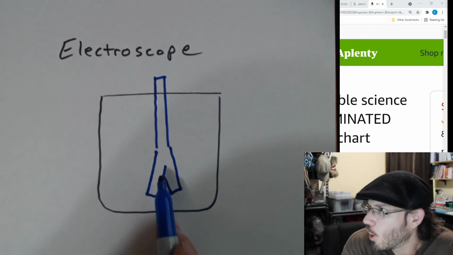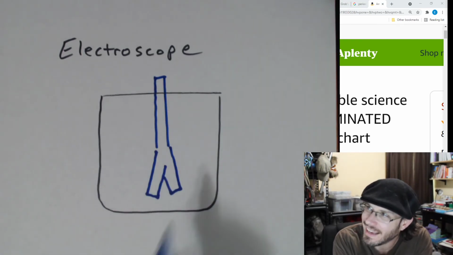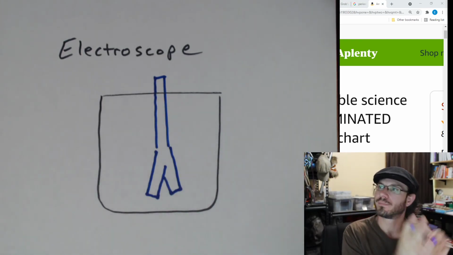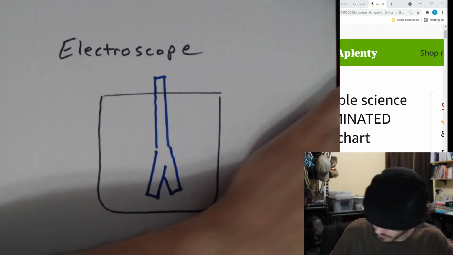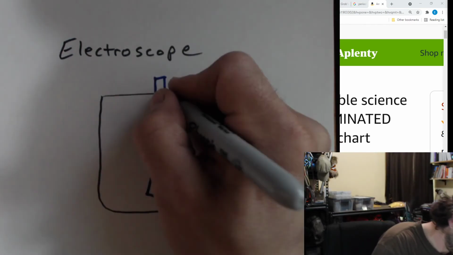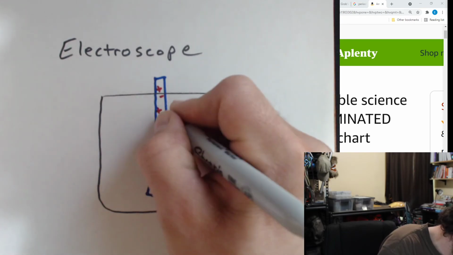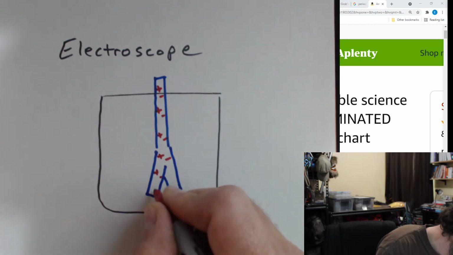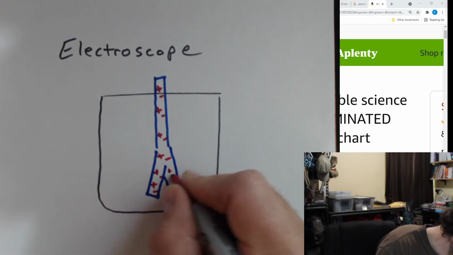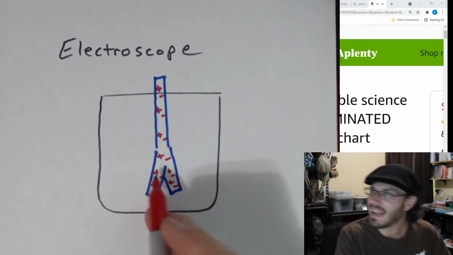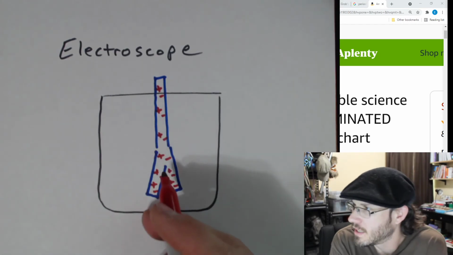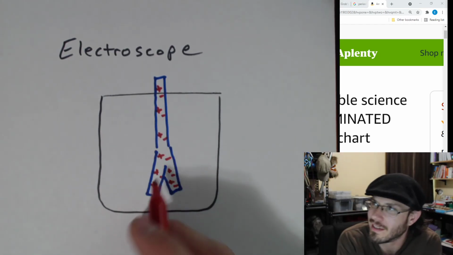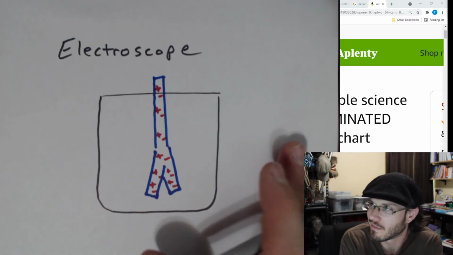At the bottom are 2 foil leaves that can freely move. It is constructed of some conductor. Let's just say it's got 1 valence electron, and it is currently balanced.